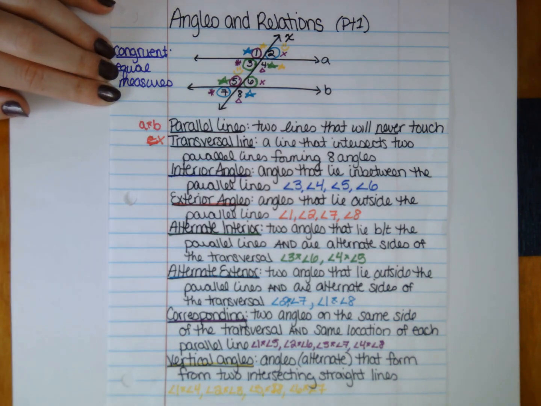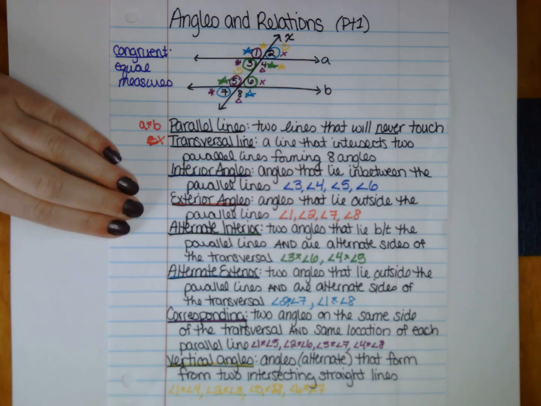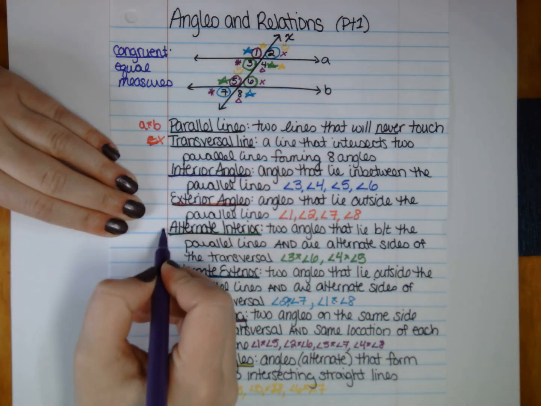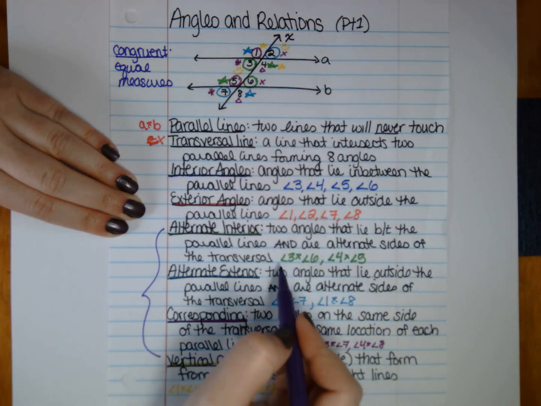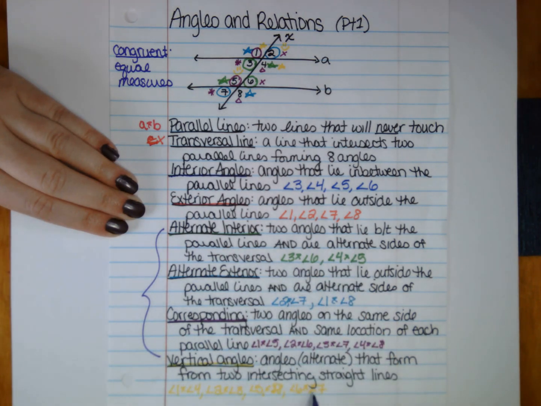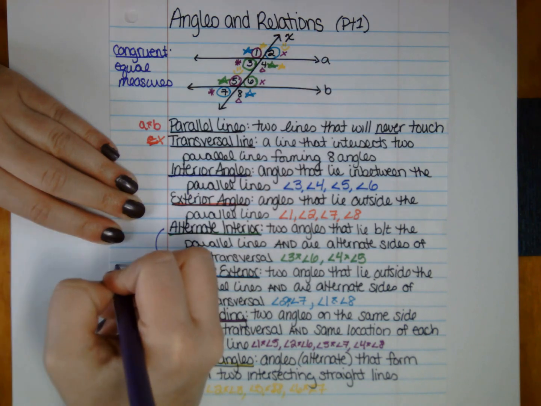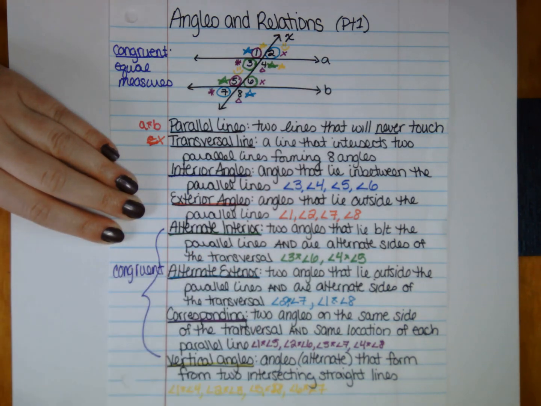When we talk about these congruent measures, if you have any of these 4, alternate interior, alternate exterior, corresponding, and vertical, the pairs for those respective vocabulary terms are all going to be congruent.